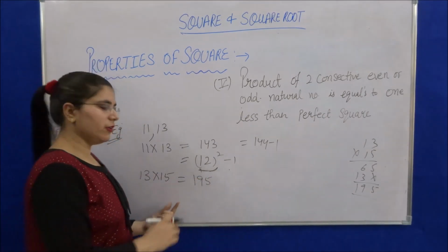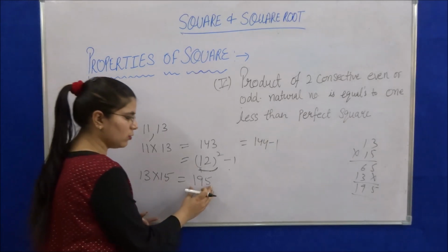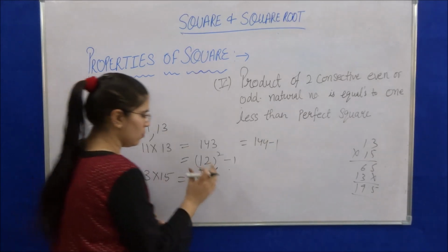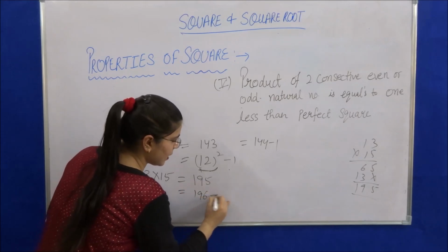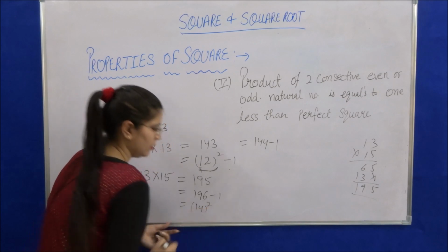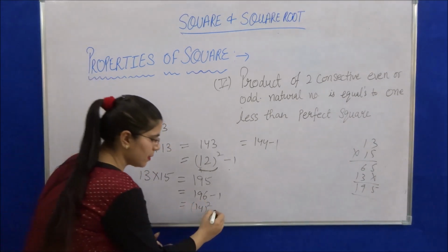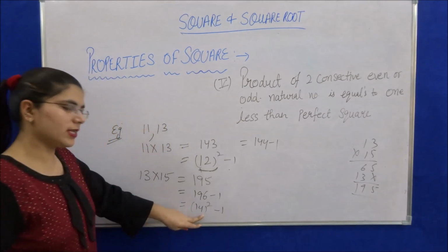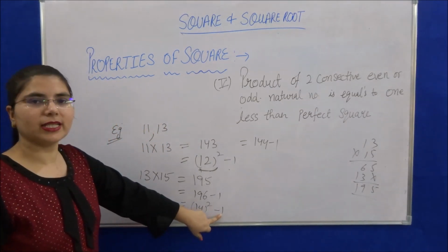So 13 multiplied by 15 is equal to 195. Now 195 can be written like 196 minus 1, and 196 is 14 square. So 14 square is again a perfect square. So perfect square minus 1.